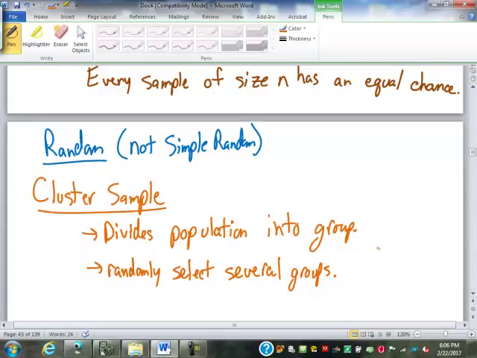So again, back to that telecommunications example. If they have to send out a technician to go to the houses that are selected and go to the box on the outside of the house, pull the cover off, and test the signal level, it would make sense to divide the city up into square blocks, into city blocks. And rather than randomly selecting single houses, they randomly select whole city blocks.